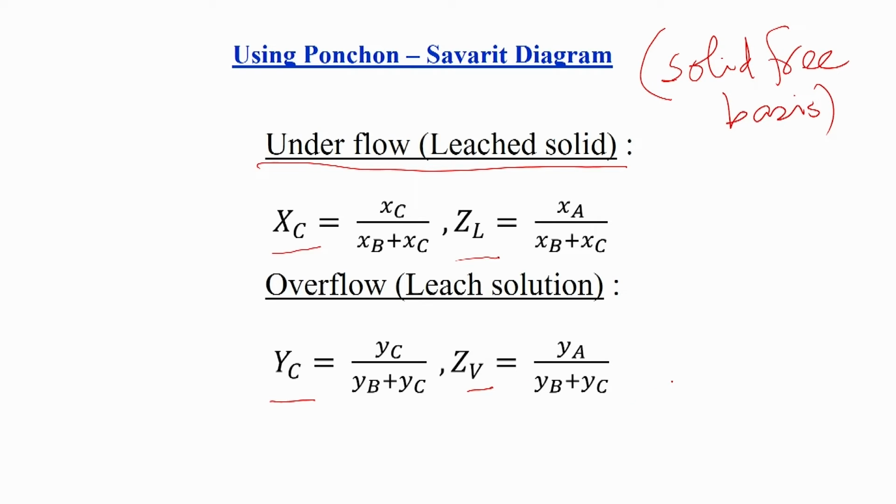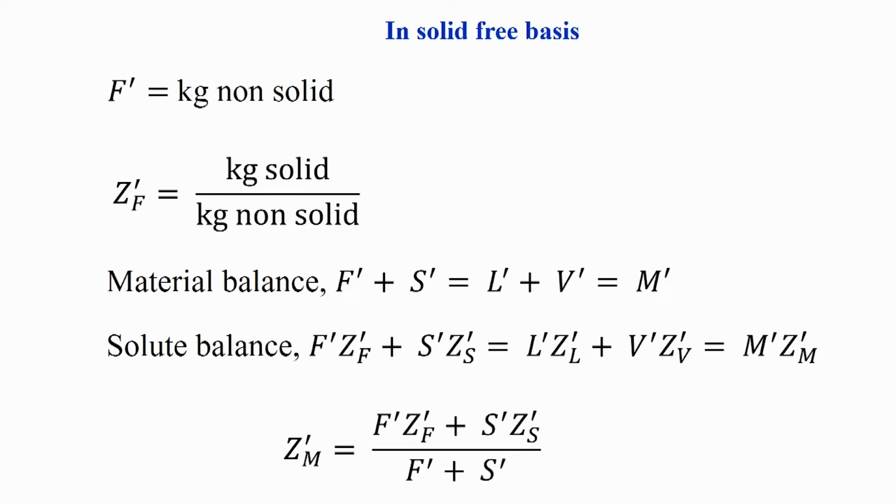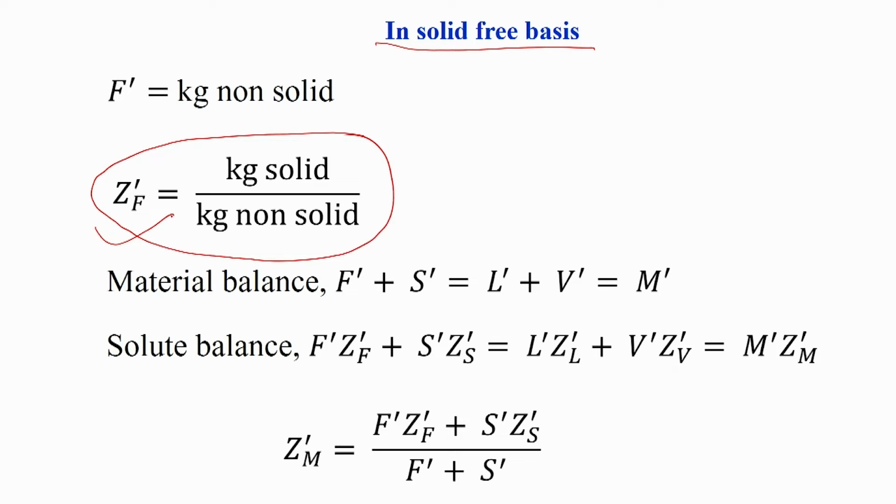So, these are the solid free basis, or sometimes we write A prime or Z_A prime, where all the components, or all the streams, are on a solid free basis, meaning the feed, extracting solvent, underflow and overflow. Z_F means the fraction of this particular material in terms of kg solid by kg non solid.